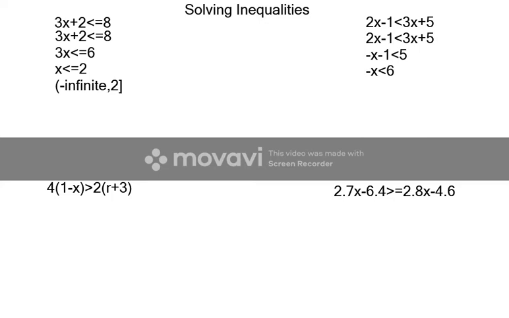So we're technically dividing by negative 1 here. If you divide by negative 1, you'll have x is greater than, because remember we're flipping the sign, x is greater than negative 6. And that'll be your final answer.